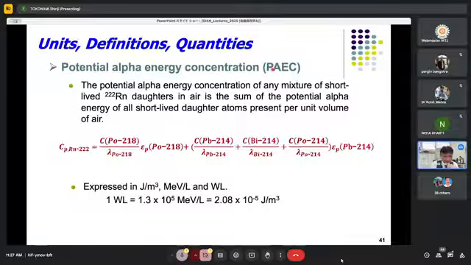PAEC is expressed in joule per cubic meter or MeV per liter, and working level. One working level equals 1.3 times 10 to the 5th MeV per liter, which is equivalent to 2.08 times 10 to the minus 5th joule per cubic meter.